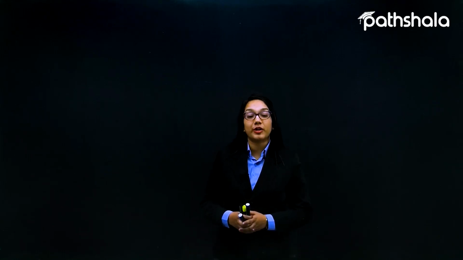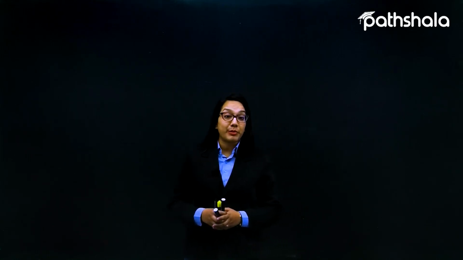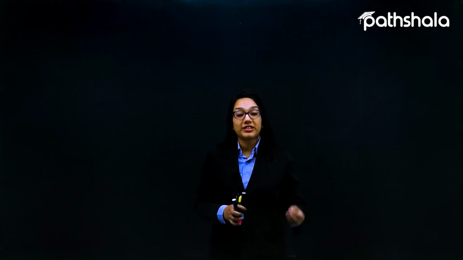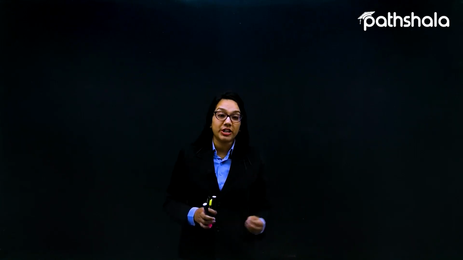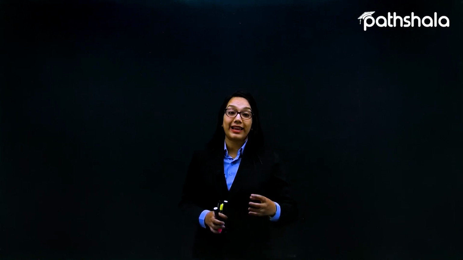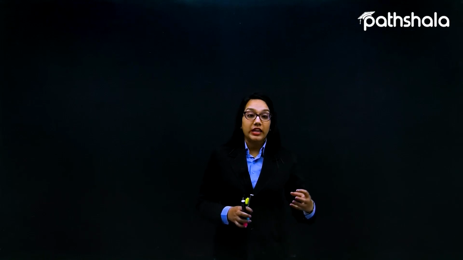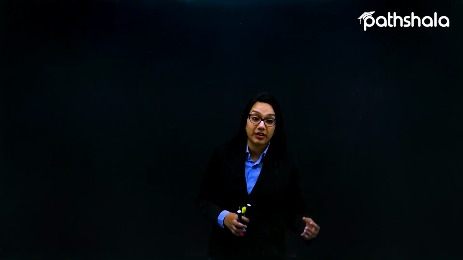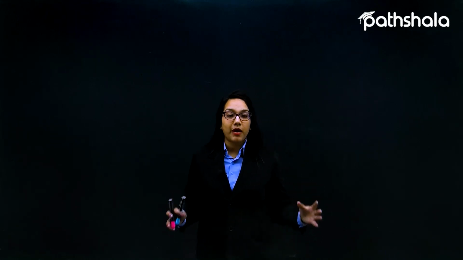Under the algebraic method we have studied solving any pair of linear equations using the substitution method, the elimination method, the cross multiplication method, and at the end we have discussed how we can reduce an equation into a pair of linear equations and then solve them using the algebraic method.